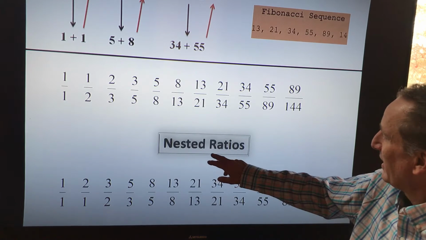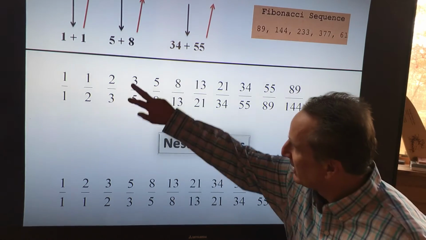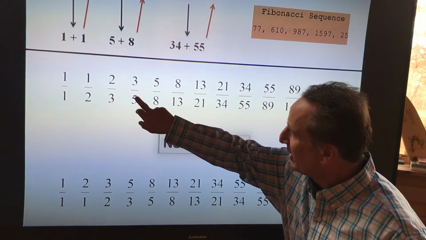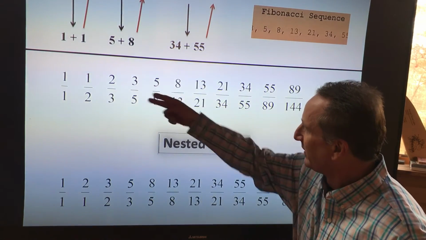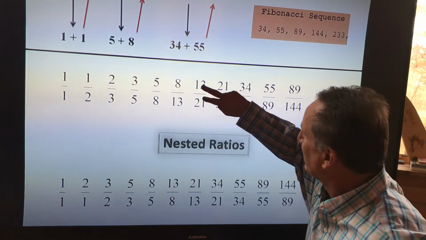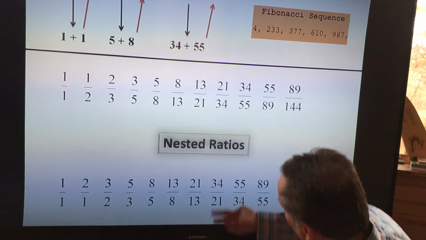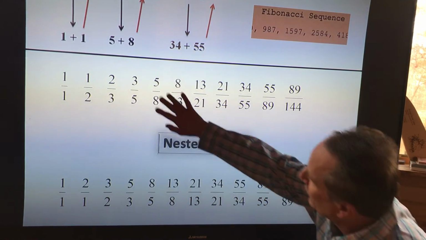And they're nested ratios because the denominator of each next one is the sum of the numerator plus the denominator. So in that way, each one is nested into the next one. So now you have two sets of them.